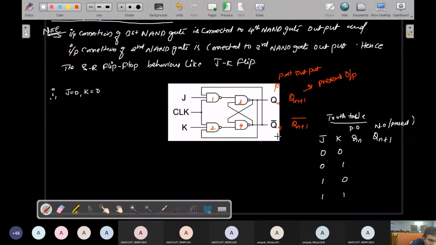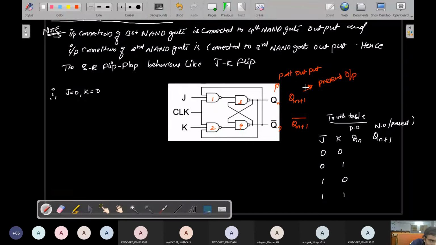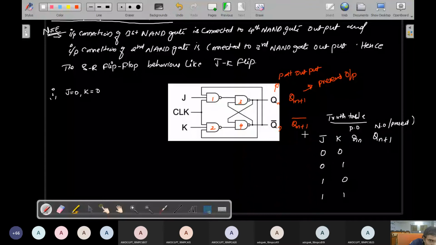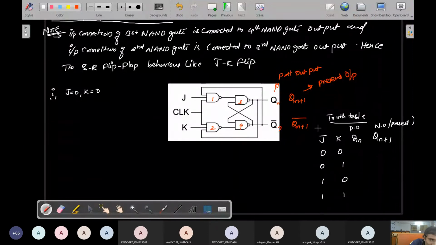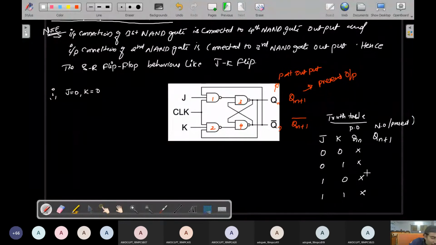You don't know the past output of Q and Qn bar, actually you really don't know it, but this past output and the present input will decide what the next output will be. So that's why, because you don't know the past output, I consider this state as simply Qn.